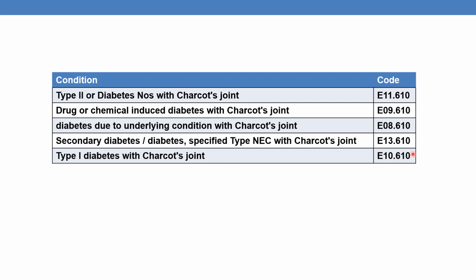So 610 indicates diabetes mellitus with Charcot's joint. E11 indicates type 2, E10 indicates type 1, E13 indicates secondary diabetes, E08 indicates diabetes due to an underlying condition, and E09 indicates drug or chemical induced diabetes with Charcot's joint.